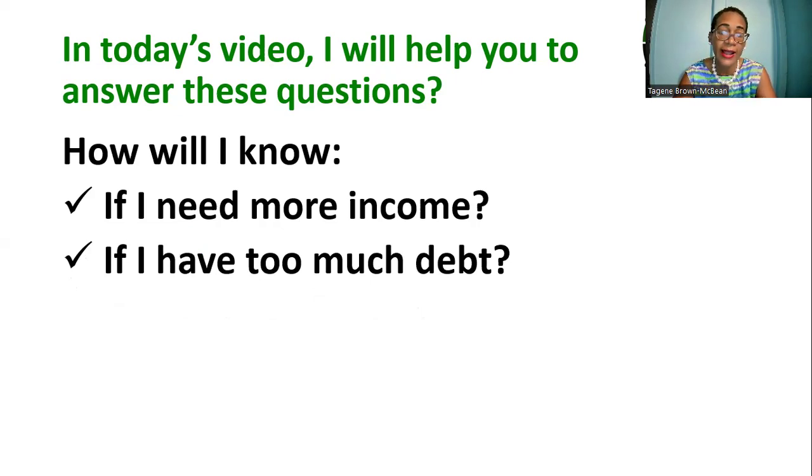If you are at the number 3 range, which is your total monthly debt divided by your total monthly gross income times 100 is 50% or more. Once you fall into the bad category, you have too much debt.